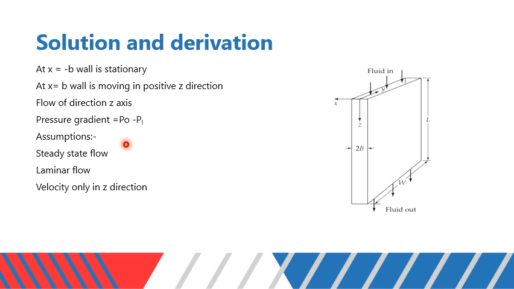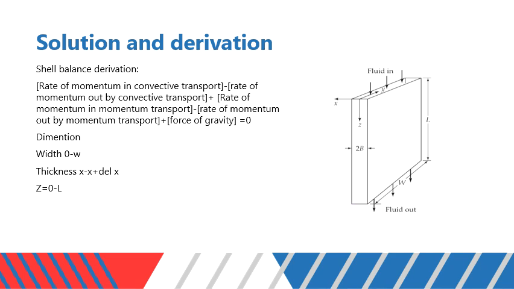We will assume steady state flow as properties do not change with time. Flow is laminar. Velocity exists only in the z direction. Now we will solve the shell balance derivation.